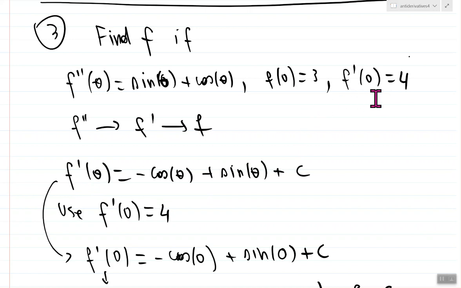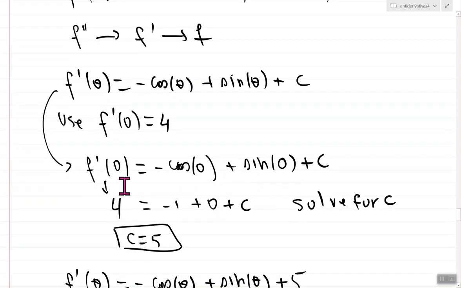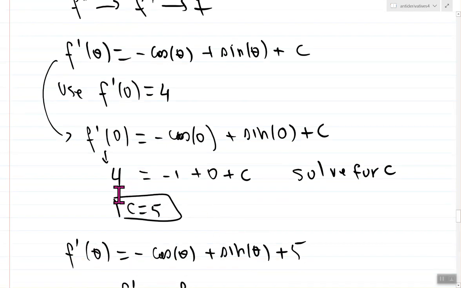So we plug in 0 wherever theta is. We put 4 equals negative cosine of 0, which is 1, so you have negative 1. Sine of 0 is 0, so you get plus 0 and then plus c. So you get 4 equals negative 1 plus c. When you add 1 to both sides, you get c equals 5.